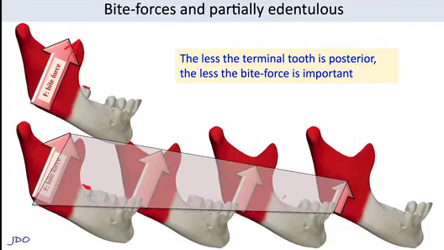The fewer teeth you have, like this, the less you can clench. You cannot apply strong forces against nothing. You need opposition. You cannot have forces in front of nothing.